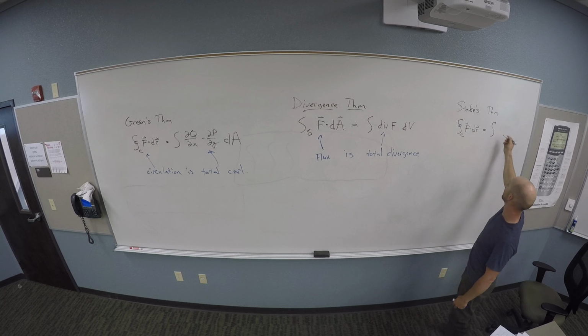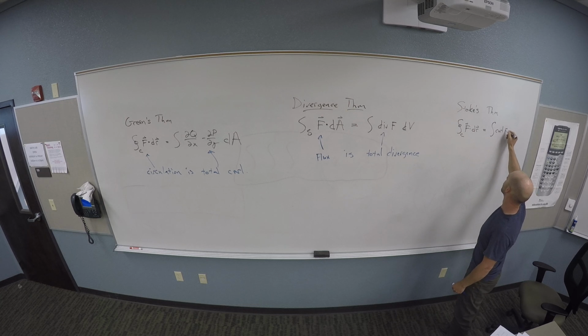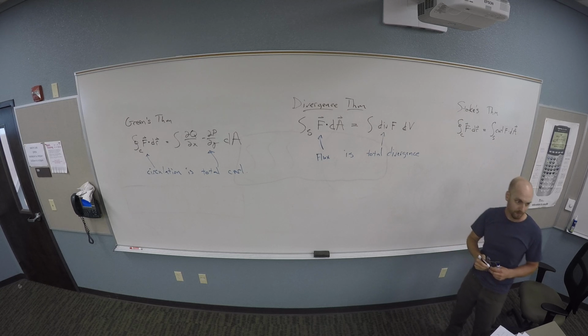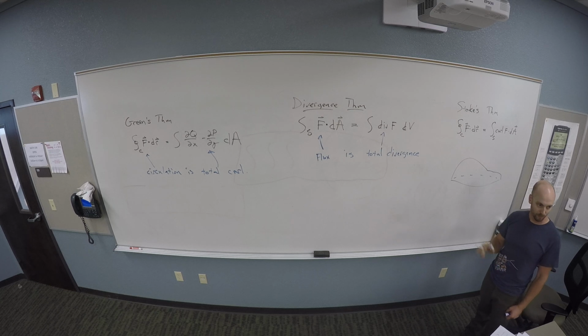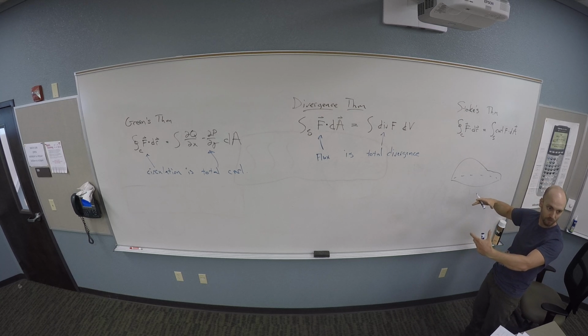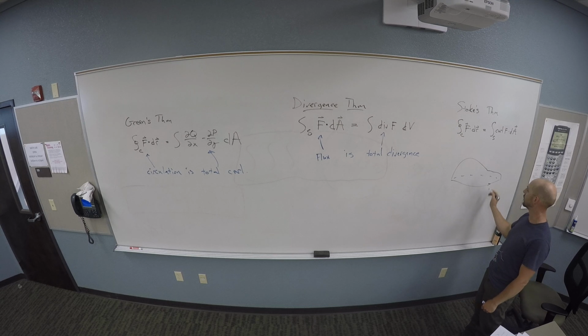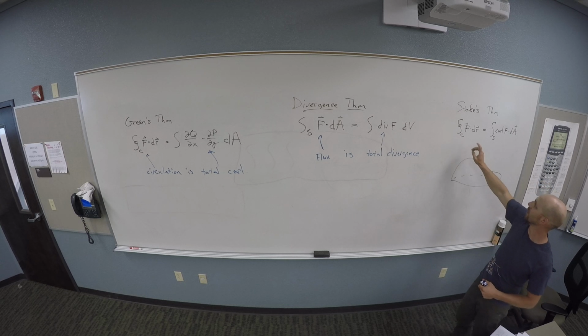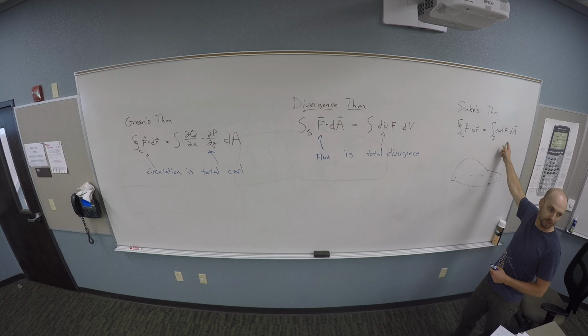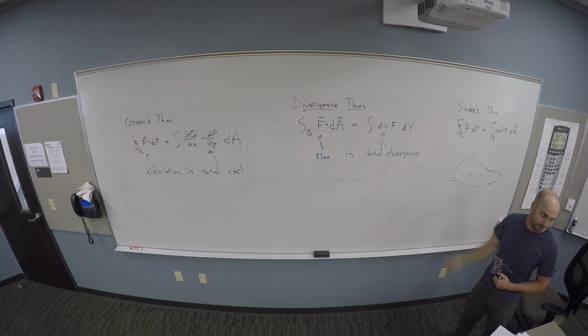So this is the integral of the curl of F dotted with the area over the surface S. The idea here being, if I had some funky two-dimensional shape, some handkerchief, like a surface, and I want to apply Green's theorem to this, I can't because it doesn't live in 2 dimensions. But let me just amp this up. And it says the exact same thing: the circulation around the edge is the total of the curls on the surface.